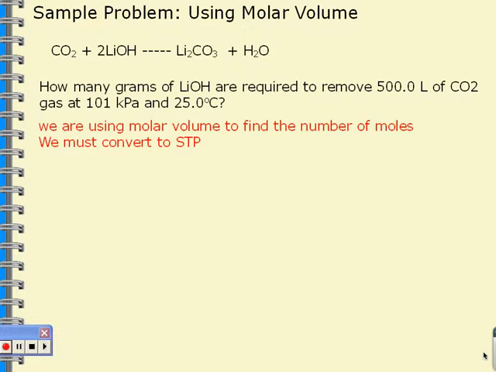Now, we need to use that molar volume to find the number of moles. We must convert to STP. So we're adding some steps here because it has to be STP. So we have to use P1V1 over T1 equals P2V2 over T2, and convert all of this.